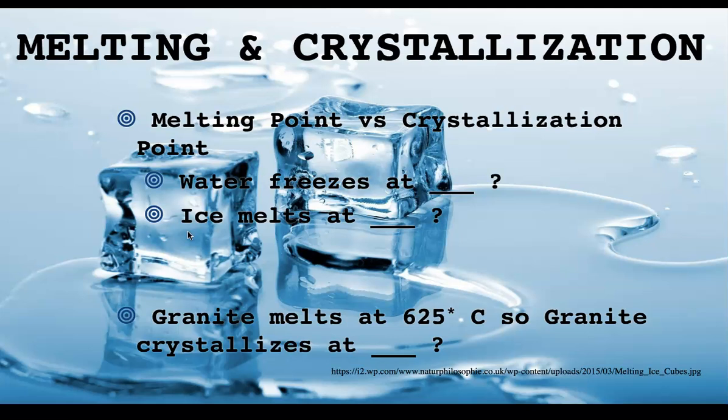So water freezes at 32 degrees. So we could say that that is water's crystallization point. You follow? Well, let me ask you this. At what temperature does ice melt? All right. A little trickier. Some of you might have just said 31 degrees, but is it really 31? Is it 31.9?